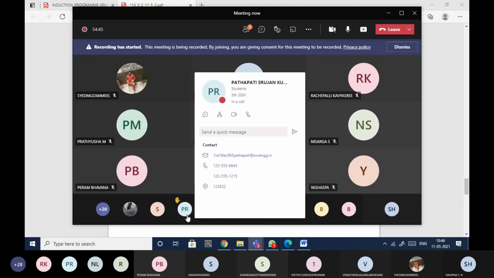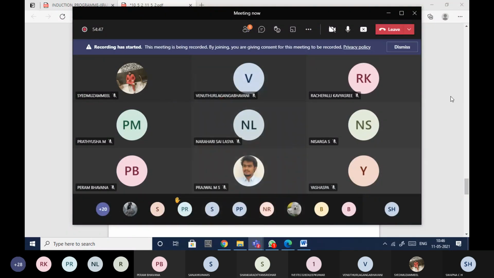Prajwal, Srujan has finished. Only Srujan has finished. Prajwal also finished.